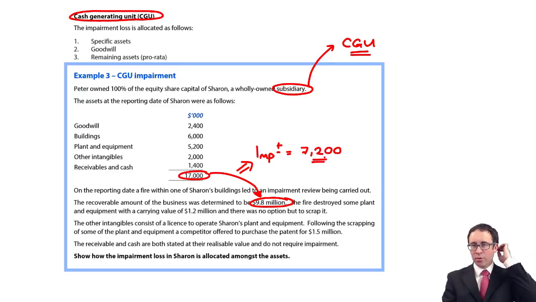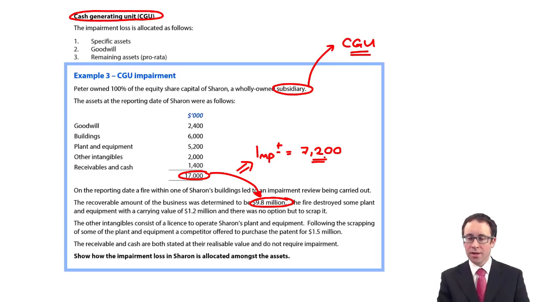That's what you would recognize through profit or loss as the debit. There's no revaluation nonsense going on here. Keep it simple. So we've got an expense of 7,200. What we need to then do is allocate that to the assets within the CGU.